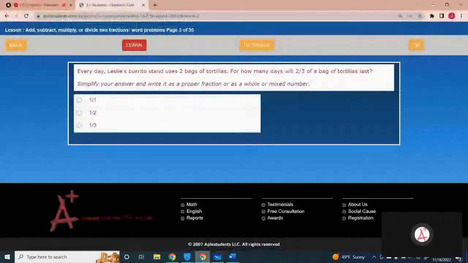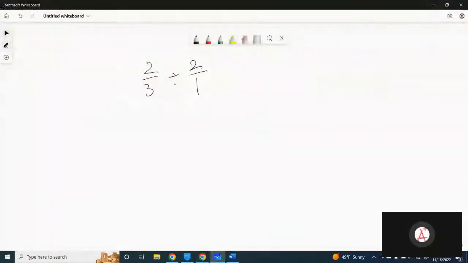Got it? So 2 doesn't have any denominator. That means this denominator is 1. Got it? Convert the division sign to multiplication and take the reciprocal. That would be 1 over 2. So you have to multiply numerator times numerator and denominator times denominator. 2 times 1 is 2 and 2 times 3 is 6. So you have to divide both numerator and denominator by a common number. That would be 2.